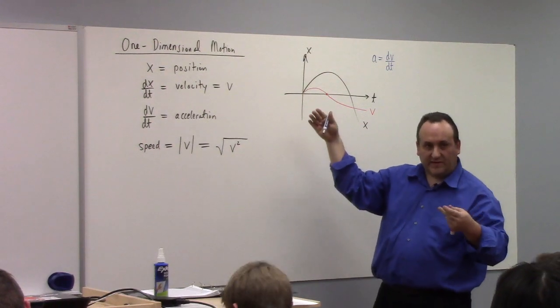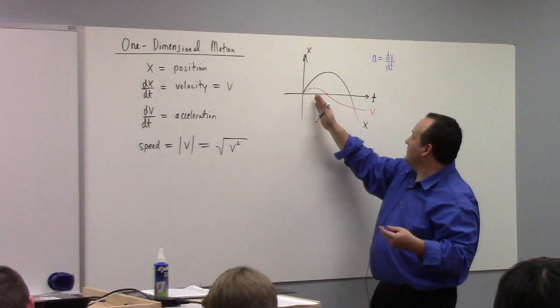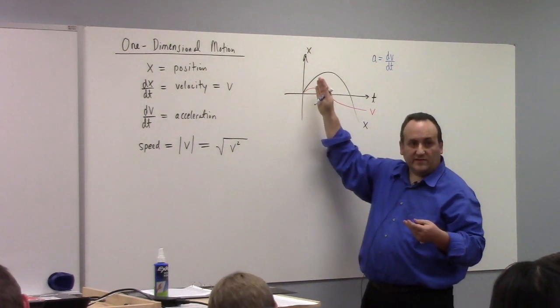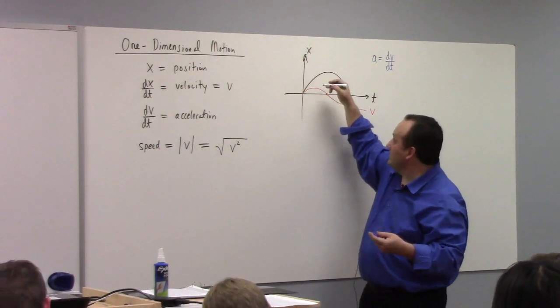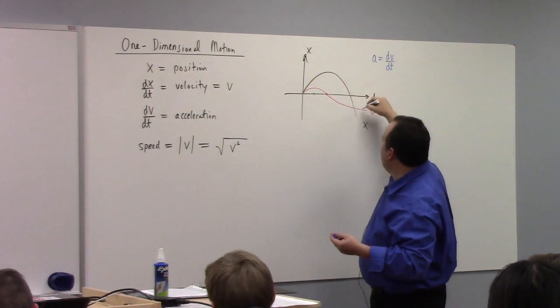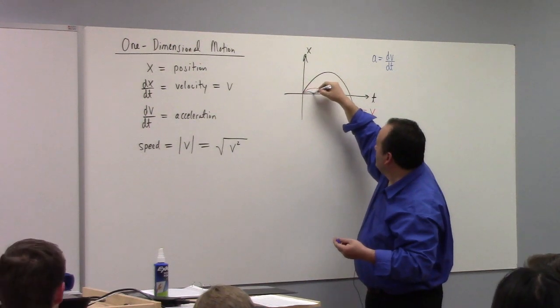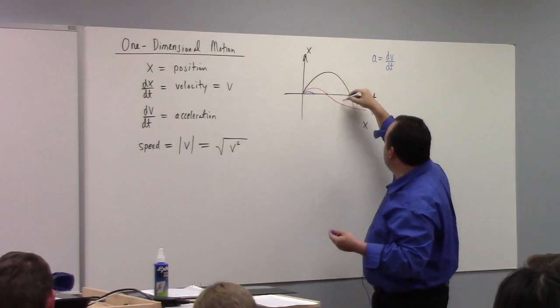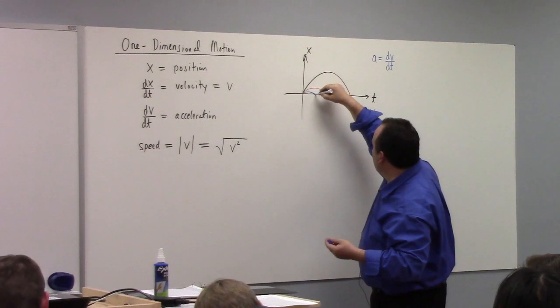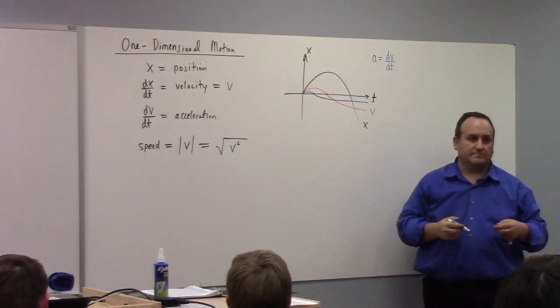It's just a heuristic sketch here, right? But when the velocity maxes out, that's where the acceleration is 0. So right here would be acceleration 0. So the velocity is increasing, and then the velocity is decreasing, but it kind of mellows out here. So something like that would be the acceleration curve.